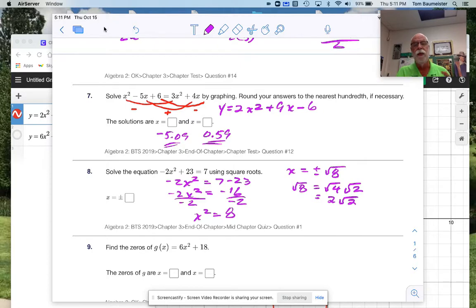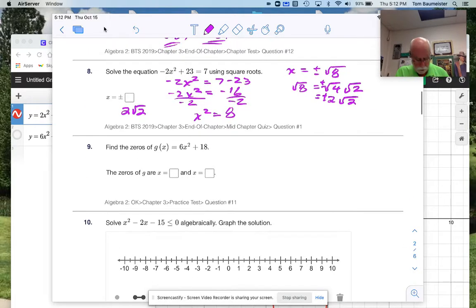And you have this. Again, you have to simplify it. It's not saying round to the nearest number. All right? So remember, on this here, we're going to have still the plus or minus. So they already have the plus or minus for us in this case. So watch exactly what they're asking you to do. So on this one here, all we have to do is put in 2 root 2.